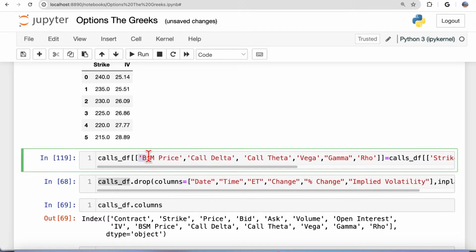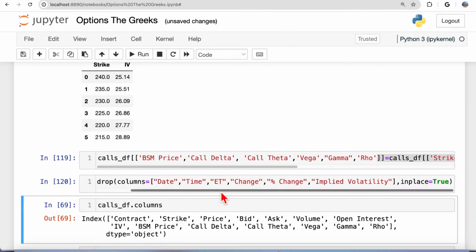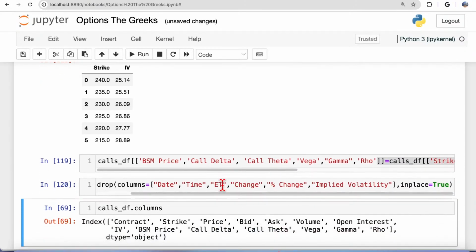Now I want to save the information that I just calculated, and that's why I have created these new columns. Then, just to make it a little bit cleaner, I want to drop columns that I don't need.